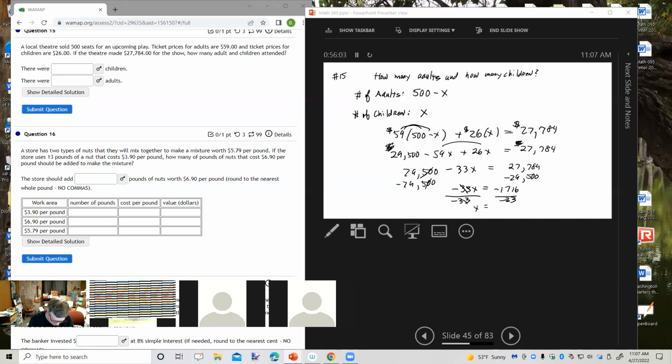Divide both sides by negative 33, and I get 52. So number of children, 52. Number of adults, 500 minus 52, which is 448?